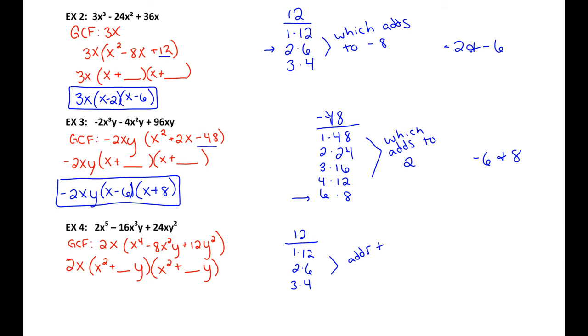So I'm going to be using the second factors again with negative 2 and negative 6. So we're using the same factors as example number 2. And I'm going to fill this in here to give me x squared minus 2y and x squared minus 6y.